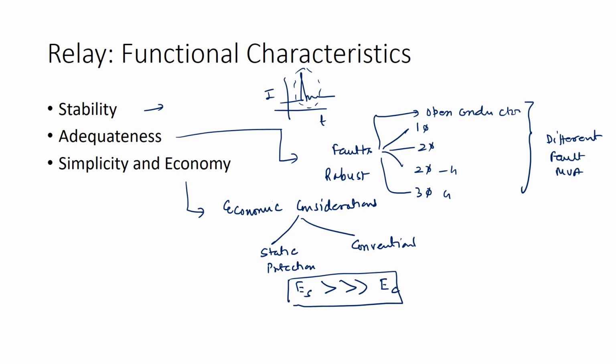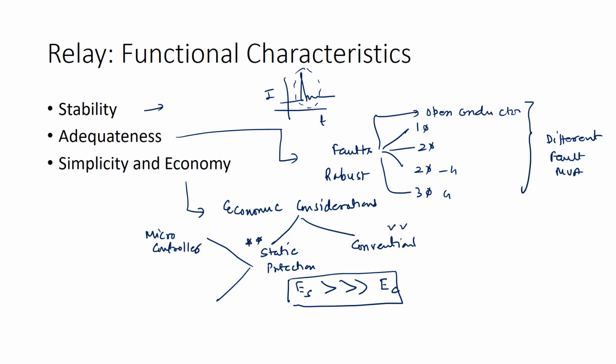That means the economic considerations are violated in the static protection, because these are microprocessor based relays and often the cost of these relays is much higher than the conventional relay. Still, in our Indian grid we are using conventional relays, which are electromechanical relays, but with the evolution of the smart grid, we are making the protection scheme with microcontroller based relays, which are self-adaptive in some nature.